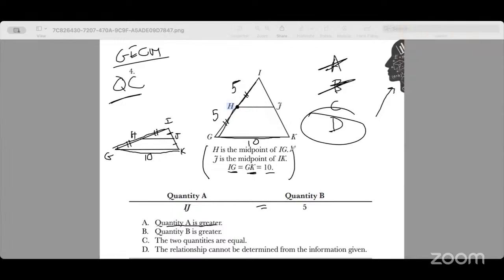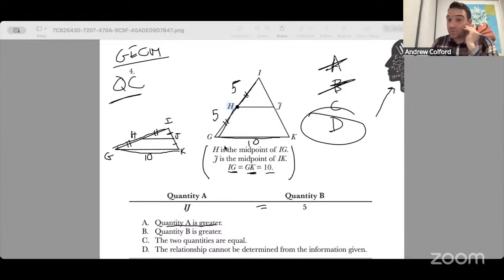Did you also use the logic that for the triangle, one of the sides has to be less than the sum of the other two sides and greater than the difference? So like IK has to be between 0 and 15. Zero to 20, right?